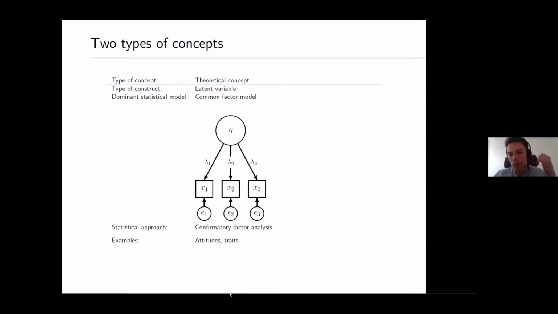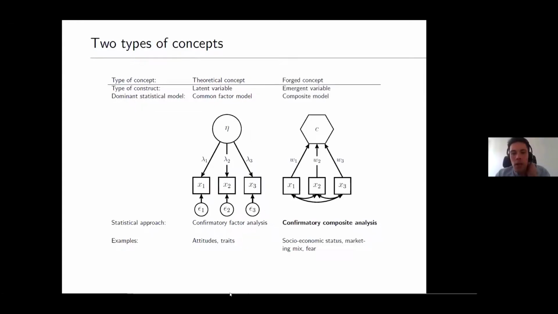This is all known and well developed, I would say. On the other hand, the literature also often talks about concepts that are formed or forged out of other variables. If we look at such concepts, the reflective measurement model does not seem to do a good job of representing this type of theory.